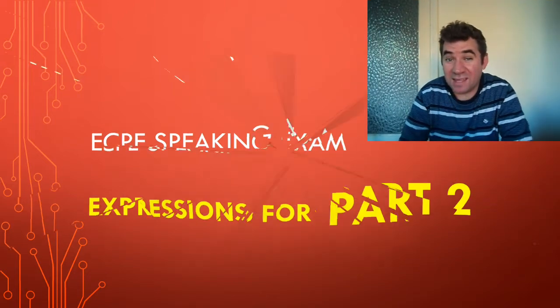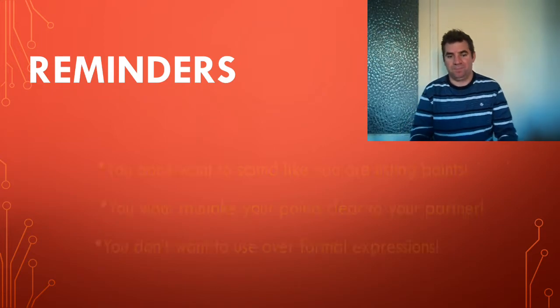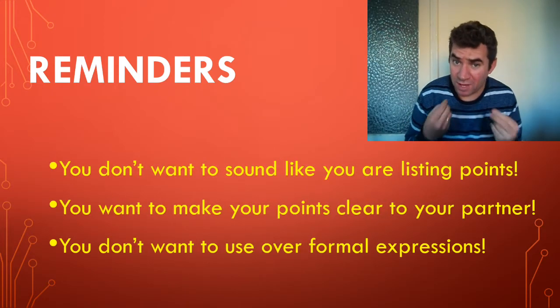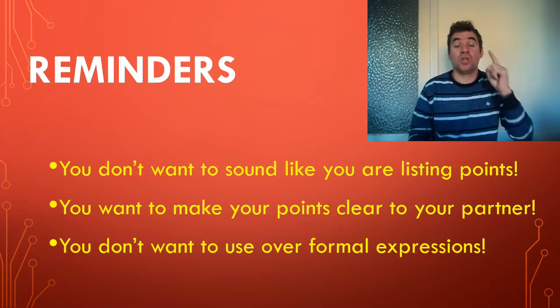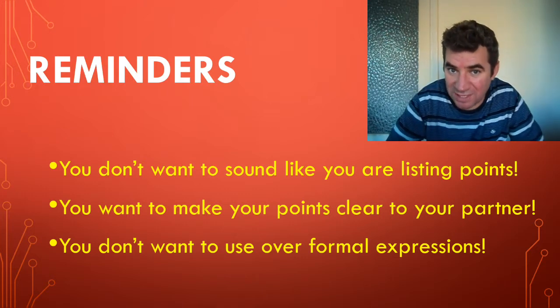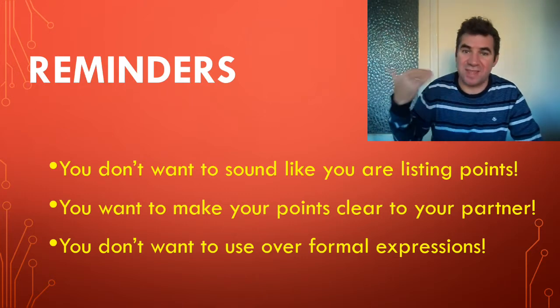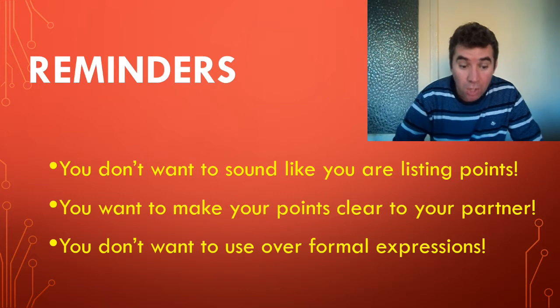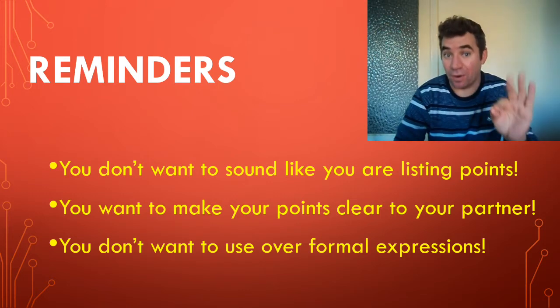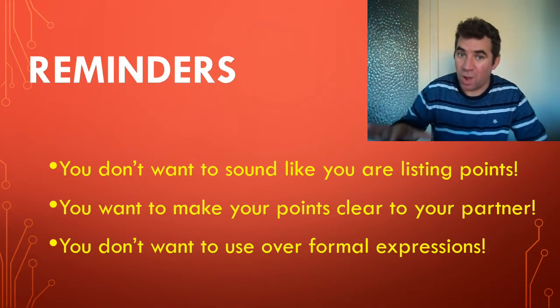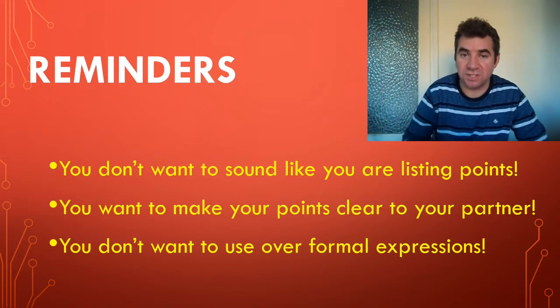So before we get to that, a reminder though, okay? Remember, when you're summarizing your points to the other person, you don't want to sound like you're listing points, so you can't just read them out, alright? You want to make your points clear to the other person, and this is why you need to use some expressions.